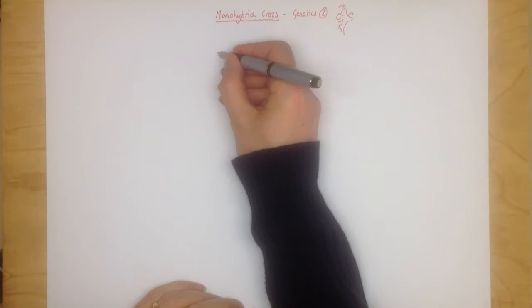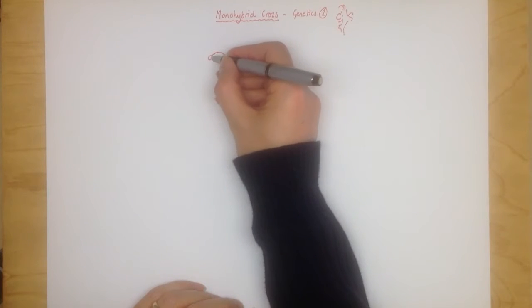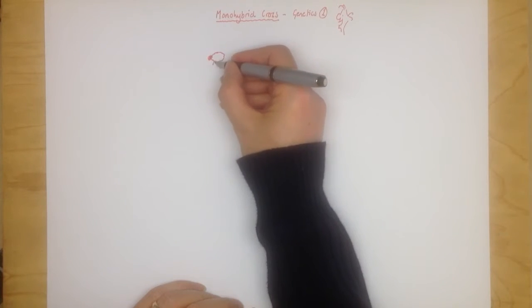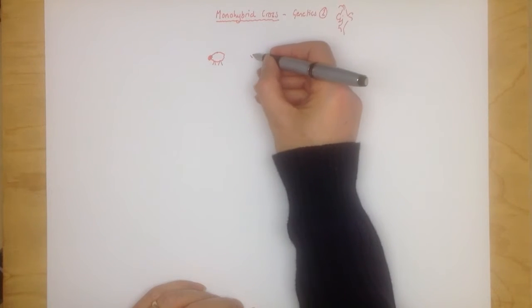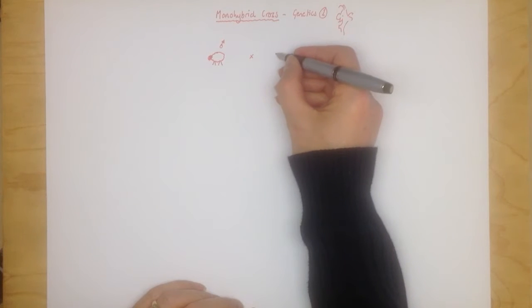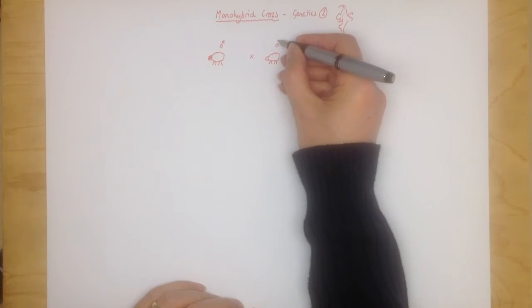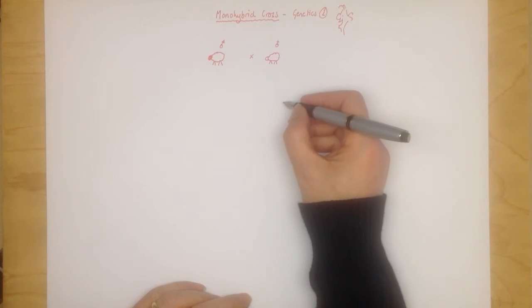I shall draw an anatomically correct diagram of a sheep. This one's got a black face, and he's a male, a ram, and this one has a white face, and she's a female, she's a ewe.